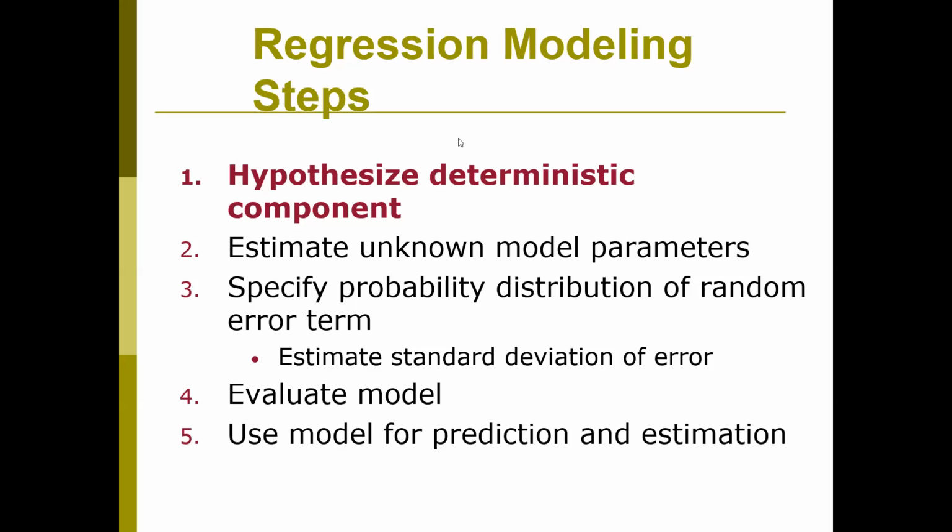In a situation where we want to characterize the relationship between two or more variables in such a way that one variable can be predicted from another variable, then we call that regression.